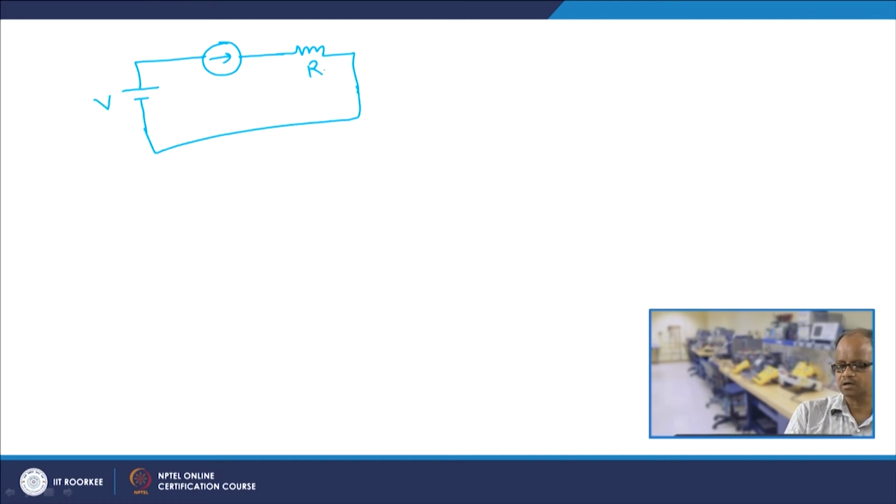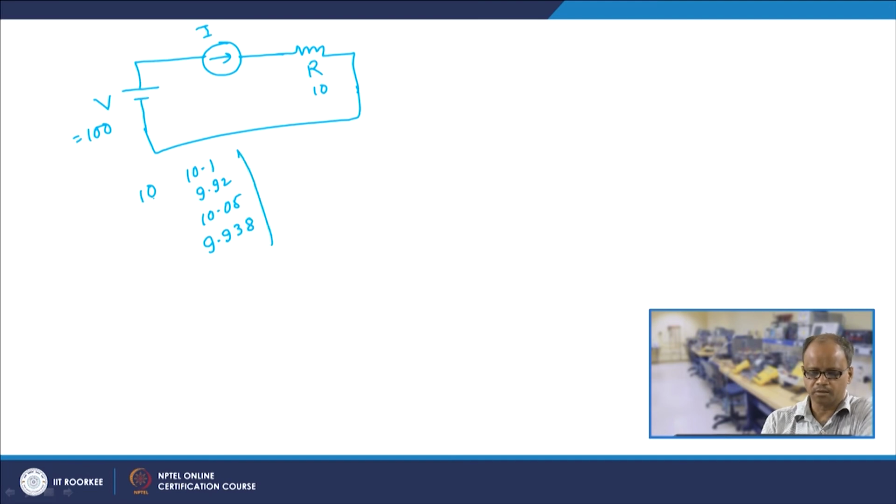Let us say this is 100 volt and this is 10 ohm. If I measure this current repeatedly with this ammeter, I will not always get 10. Sometimes I will get 10.1, sometimes 9.92, sometimes 10.05, sometimes 9.938, but probably never exactly 10.